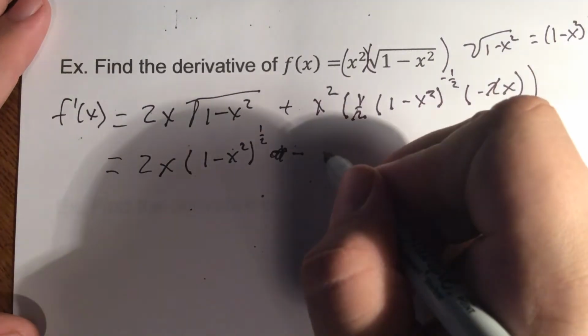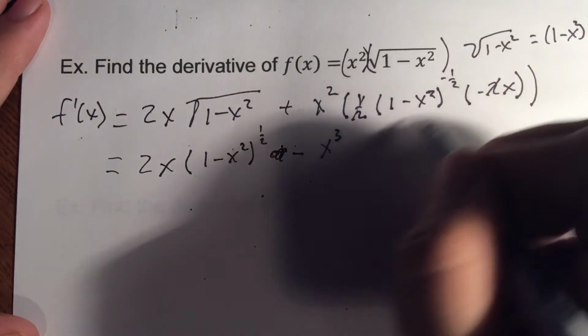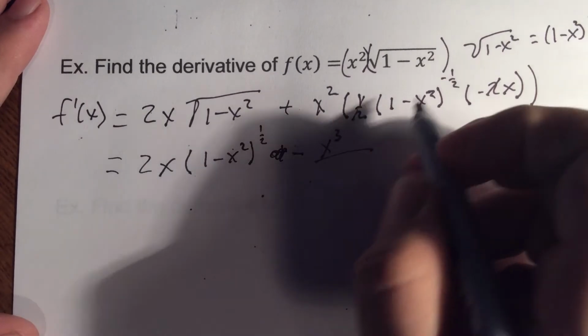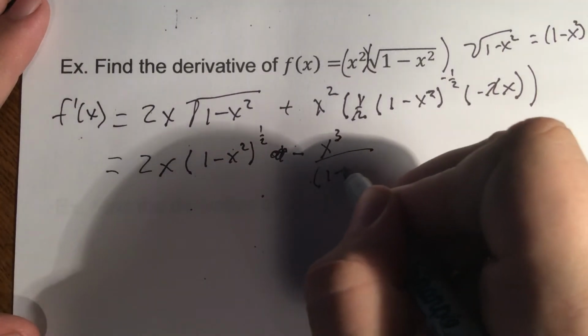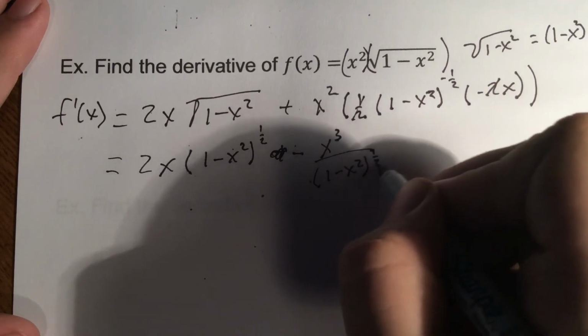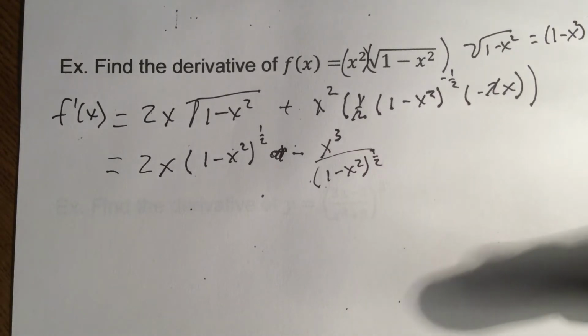X and x squared is going to make x to the third. So then this 1 minus x squared to the negative half, we're going to move to the bottom and make it 1 minus x squared to the 1 half. Now, if you do this with the book, it's probably going to have you try to simplify this all together.